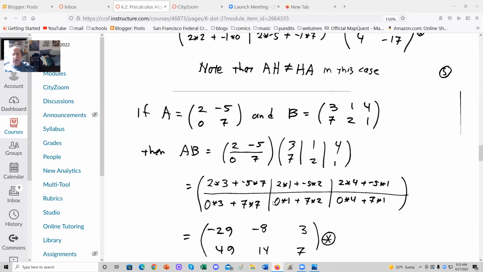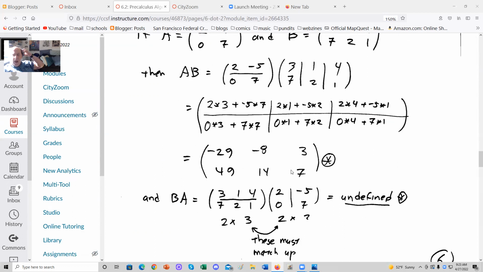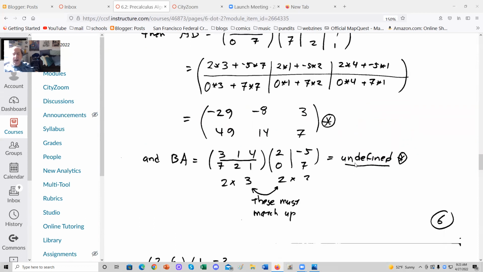Bottom middle is bottom times middle: 0 times 1 plus 7 times 2. Bottom right is bottom row times right column: 0 times 4 plus 7 times 1. And here you go, negative 29, negative 8, 3, 49, 14, 7. There it is.